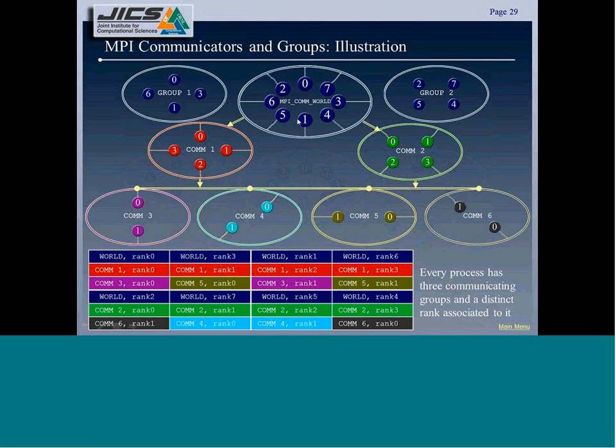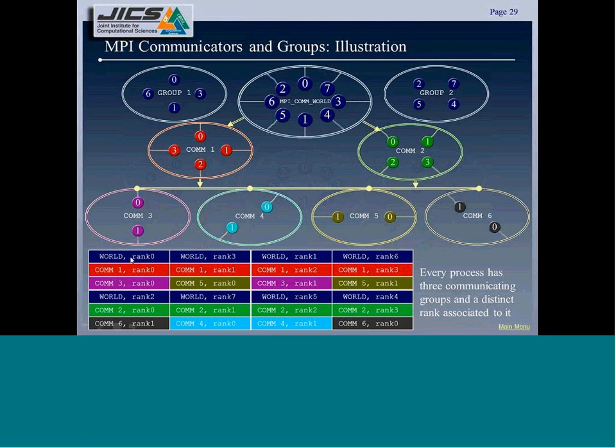If we split this group into 2 parts, group 1 and group 2, and say put processes 0, 3, and 4 in group 1 and processes 2, 7, 5, and 4 in group 2, then when we create a new communicator, the processes will be assigned different ranks, again starting from 0 to 3. These 4 processes will do the exact same thing, so they will get new ranks from 0 to 3.